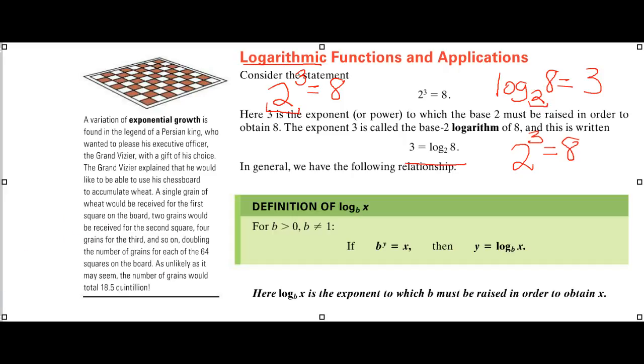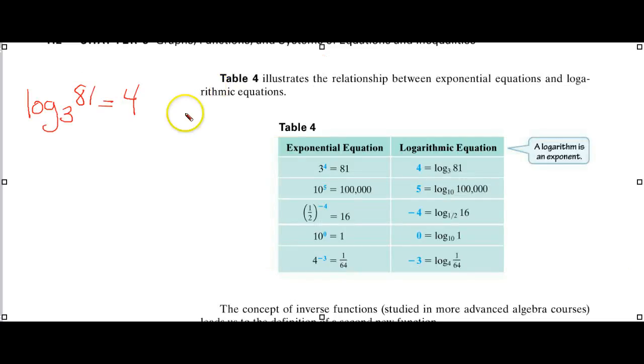So let's do a little bit of work and continue. So in this column we have the logarithmic equation, and in this column we have the equivalent exponential equation. So you need to be able to convert them back and forth. So let's use this one. Now this is read log base 3 of 81 equals 4.